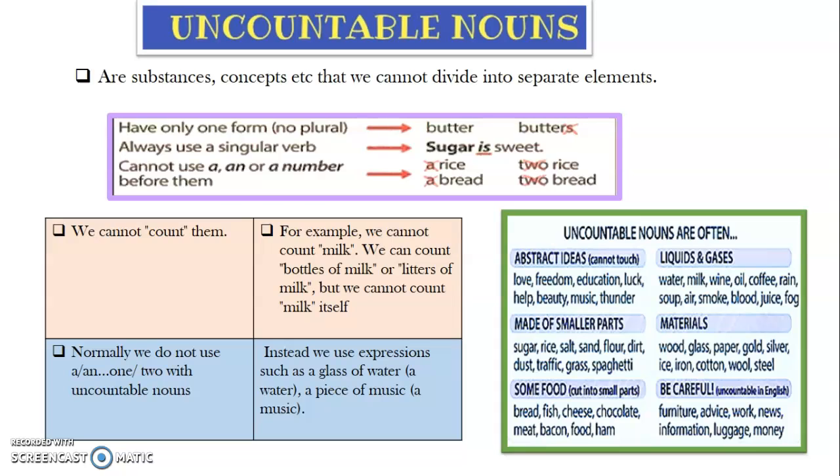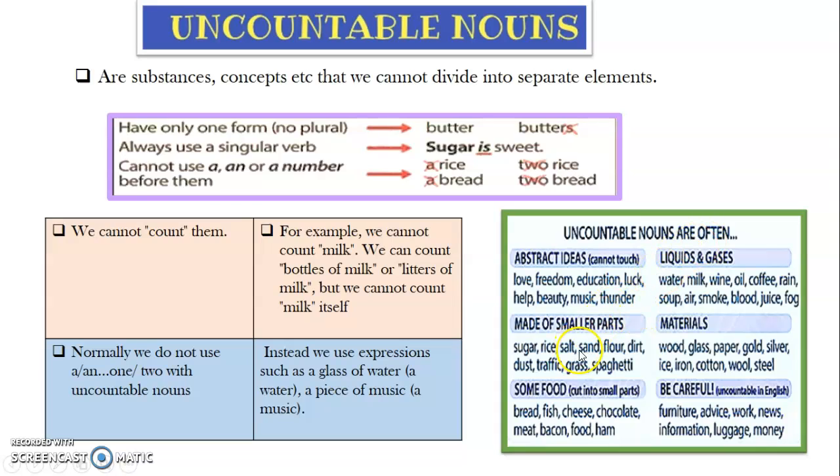Normally, we do not use a, an, one, two with uncountable nouns. Instead, we use expressions such as a glass of water, a piece of music. So, please be careful. Uncountable nouns are often abstract ideas such as love, which cannot be counted, freedom, education, luck.